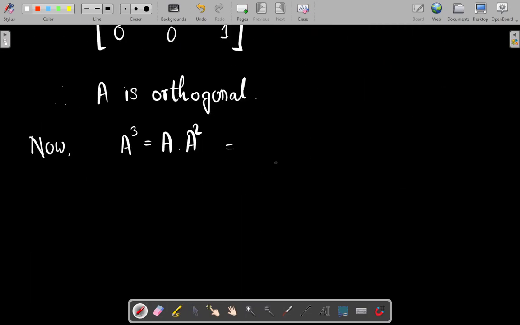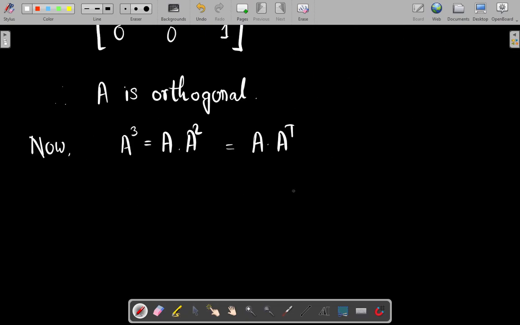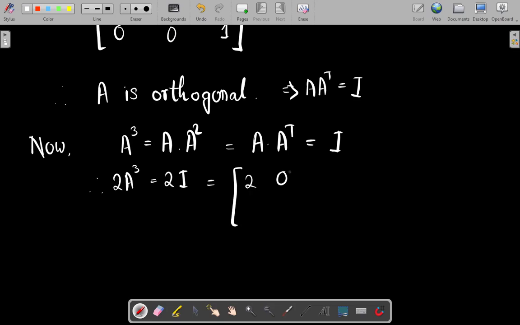So this becomes A times A transpose, and since A is orthogonal, A times A transpose is I. So this becomes I. Therefore, 2A cube will be 2I, which is the matrix 2, 0, 0; 0, 2, 0; and 0, 0, 2.